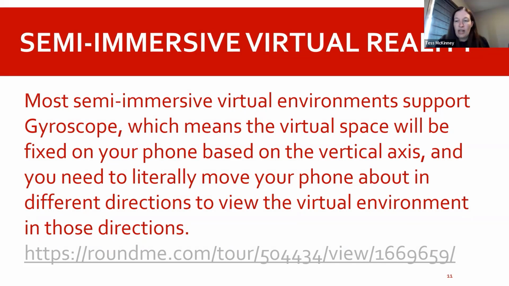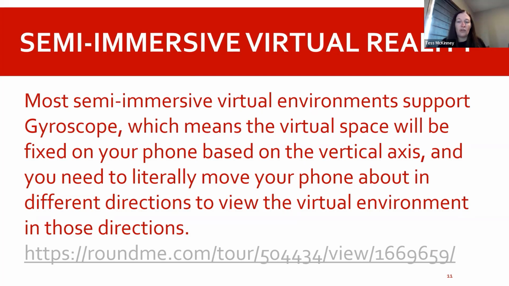Semi-immersive virtual reality experiences provide users with a partially virtual environment. A semi-immersive virtual reality is a mixture of non-immersive and fully immersive virtual reality. This can be a form of a 3D space or a virtual environment, but you have no physical movements and you can't teleport necessarily through it.